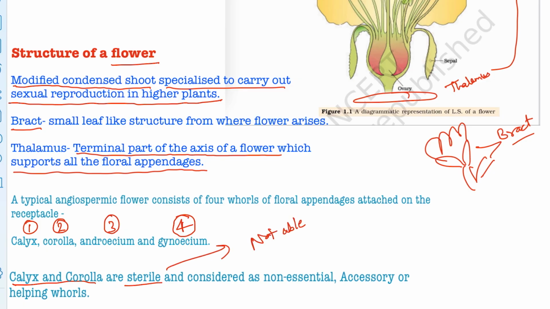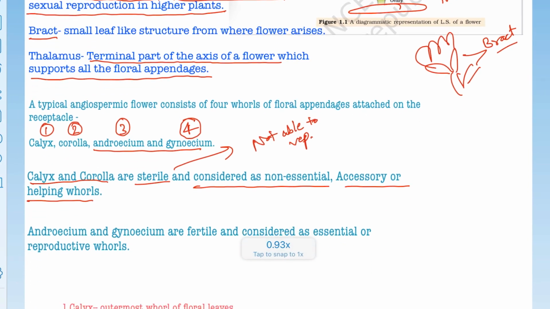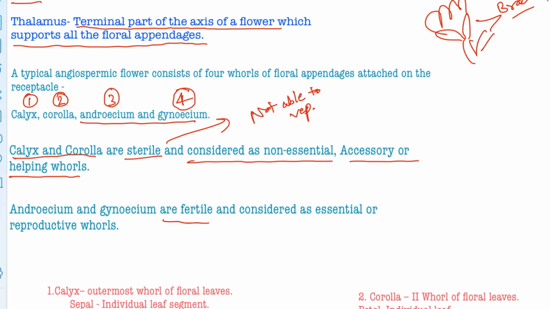Not able to reproduce. They are considered non-essential, accessory or just helping whorls. And androecium and gynoecium are fertile. What is the meaning of fertile? They are able to reproduce and they are considered essential or reproductive whorls.